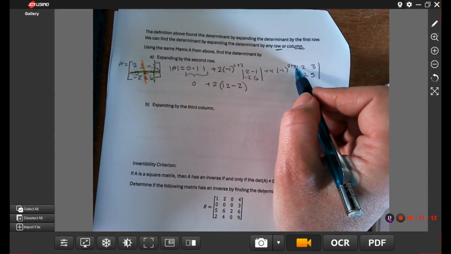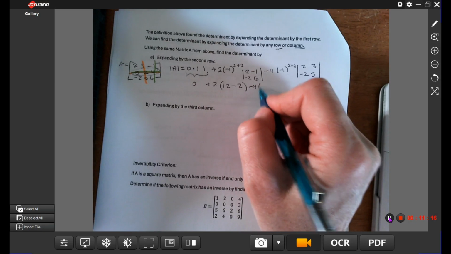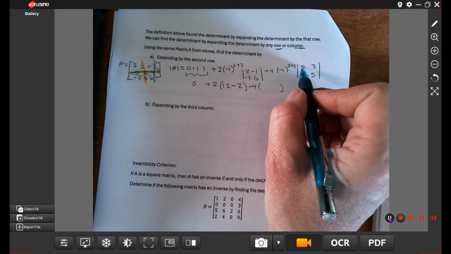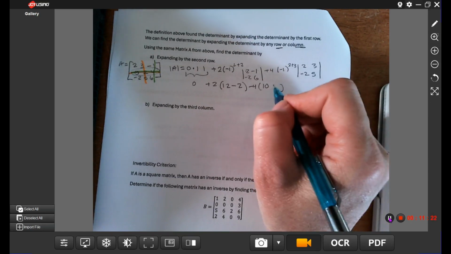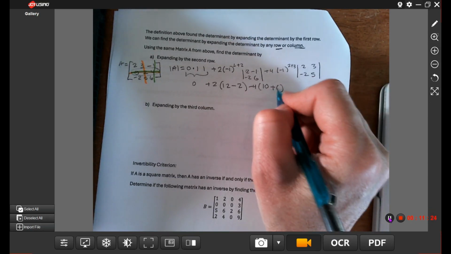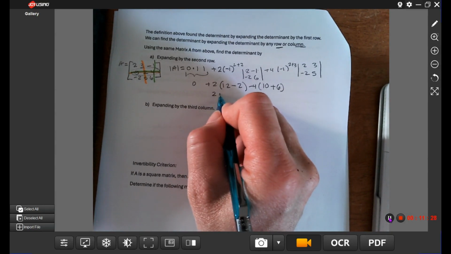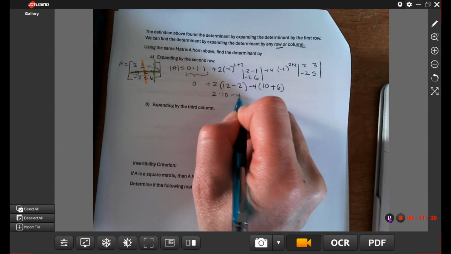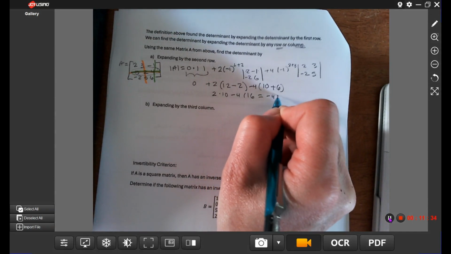Negative 1 to an odd exponent is negative, so negative 1 times 4 is negative 4. And then I'm going to do the determinant of this, so 2 times 5 is 10, minus negative, so plus 2 times 3 is 6. So I'm almost done. So I have 2 times 10 minus 4 times 16, and that equals negative 44.